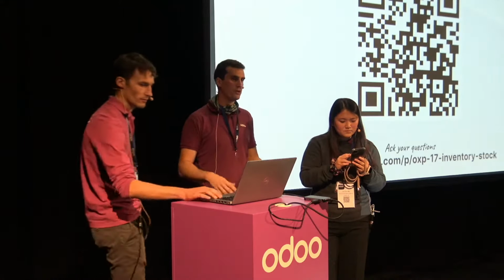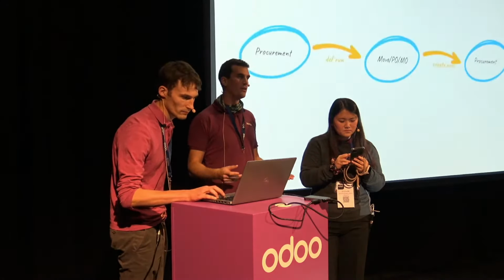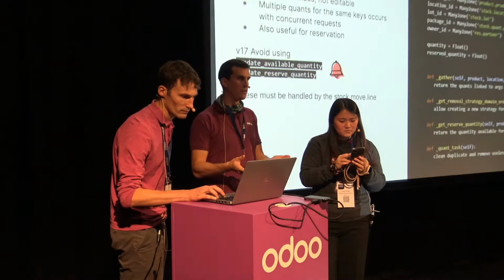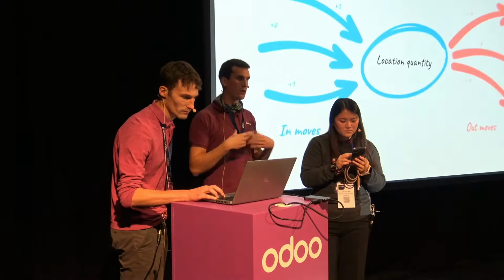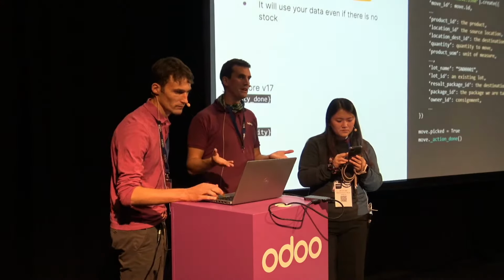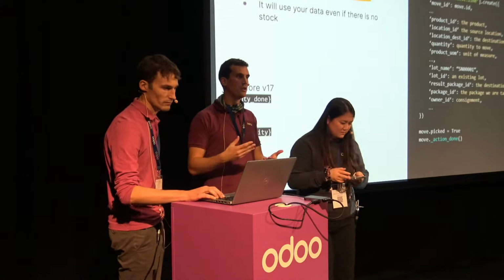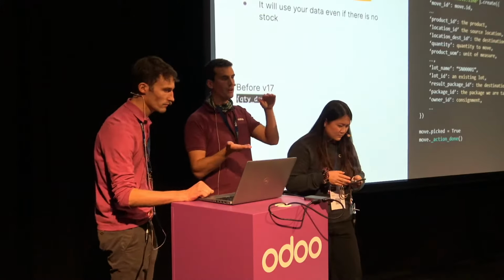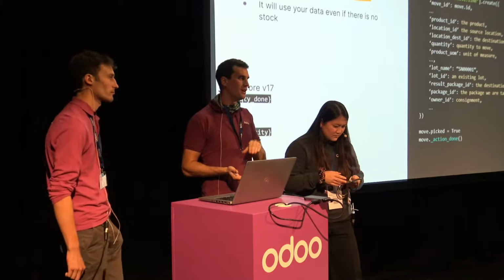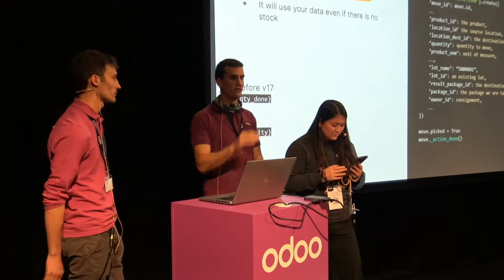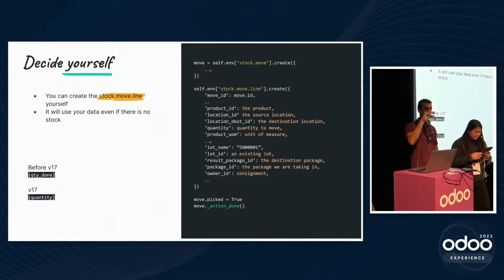For example, if you do a put in pack, you will set a quant package on the stock move line, and the quant itself has a count for each package. So if you have 3 products in 3 different packages, in the inventory and in the stock quant, you will see 3 counts, each with the package and the quantity in each package.